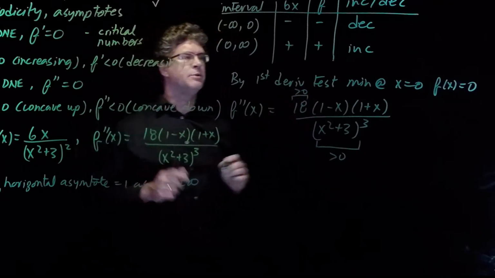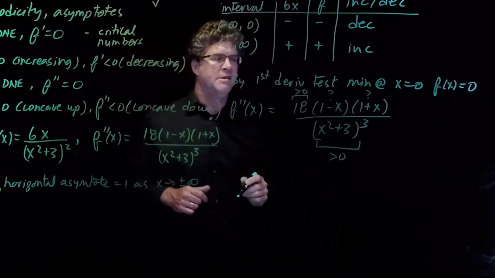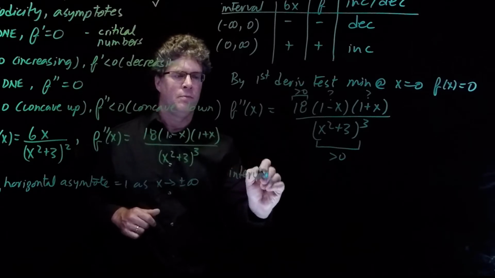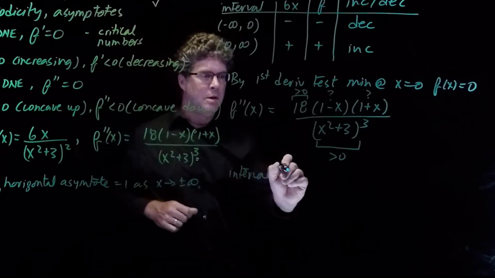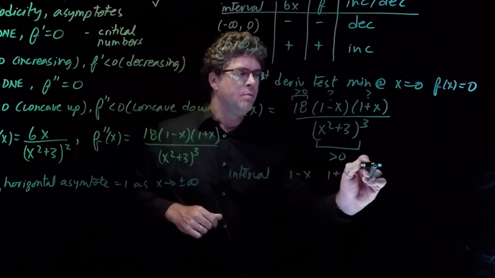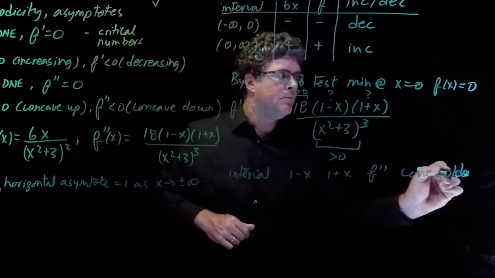And so we're really interested in the sign of 1 minus x and 1 plus x, and so we have to include those in our interval. And so we'll set this up, and we'll have concave up or down.